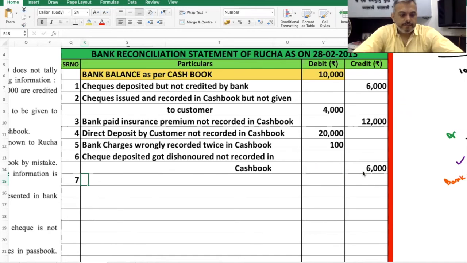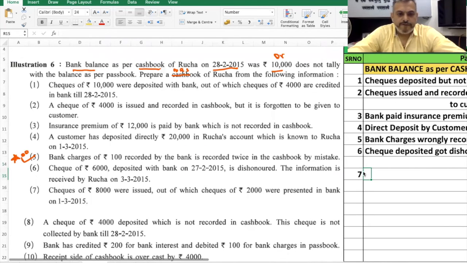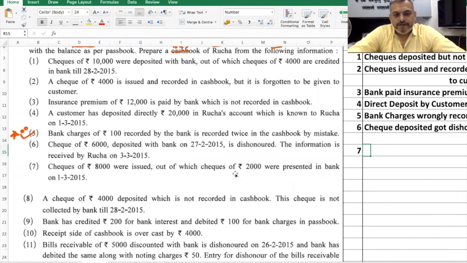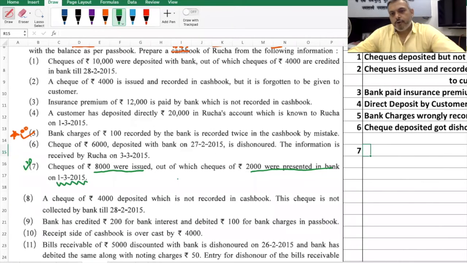Seven. Checks of 8,000 were issued, out of which, please pay attention, this is a very tricky transaction, checks of 2,000 were presented in bank on 1st March 2015.